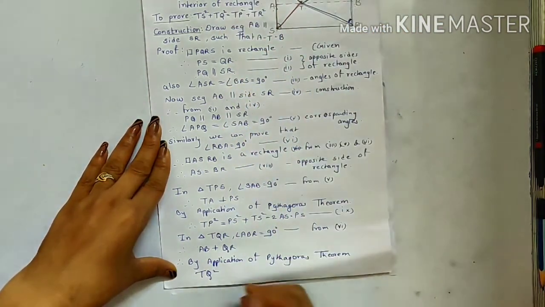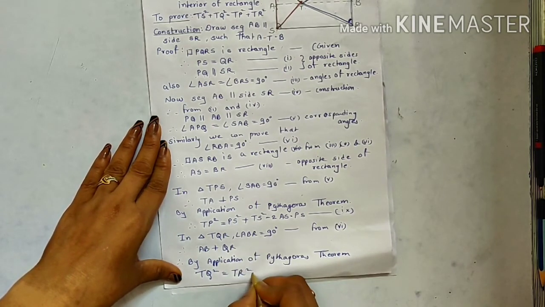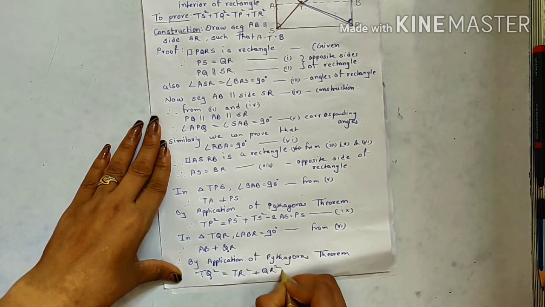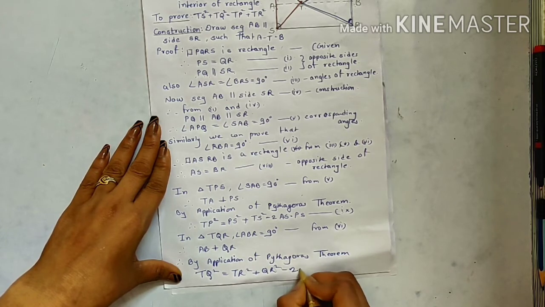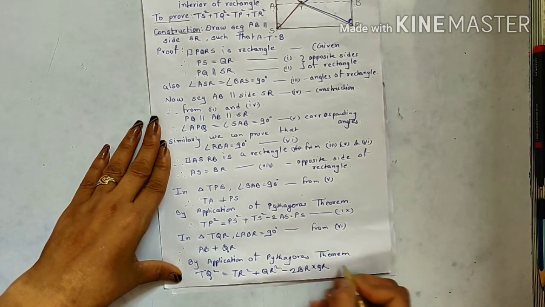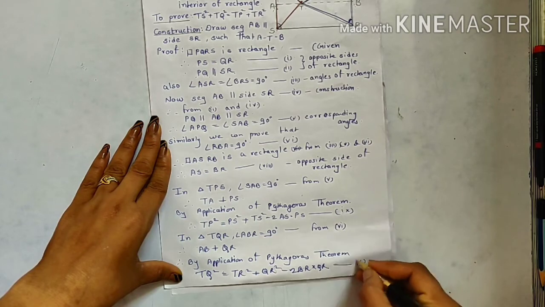So TQ square is equal to TR square plus QR square minus 2BR into QR. Number it as 10.